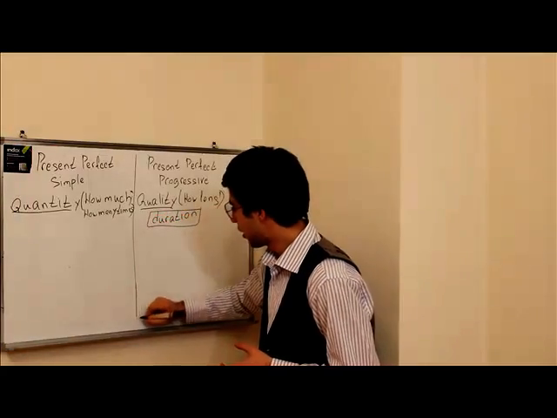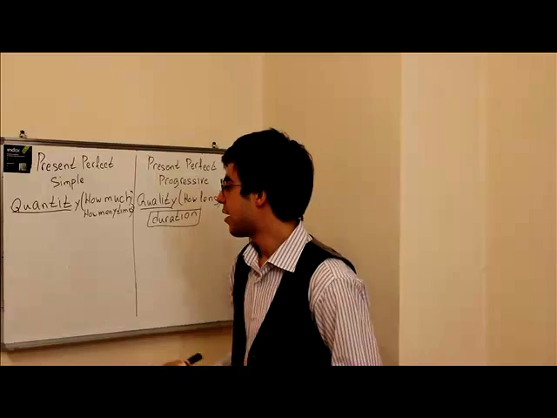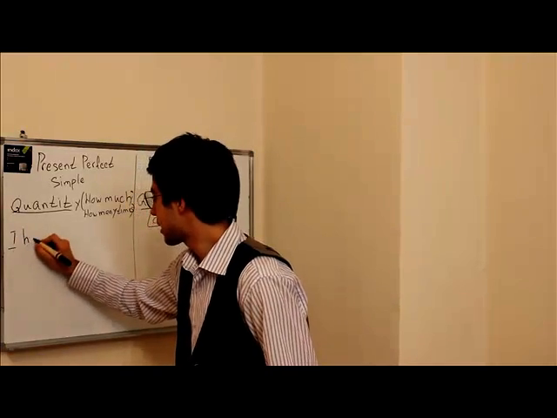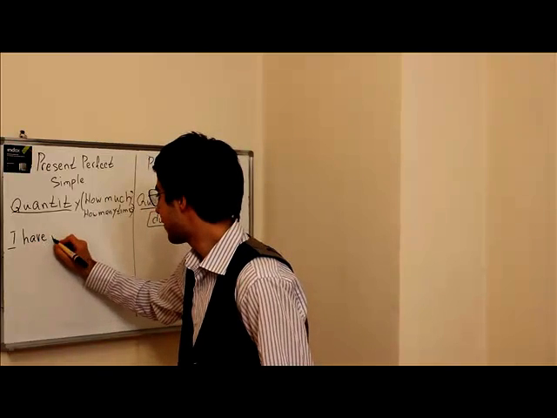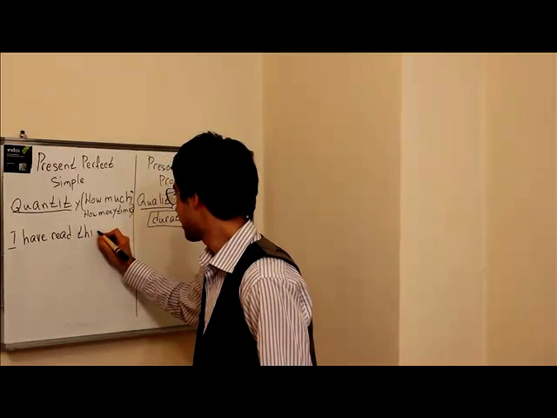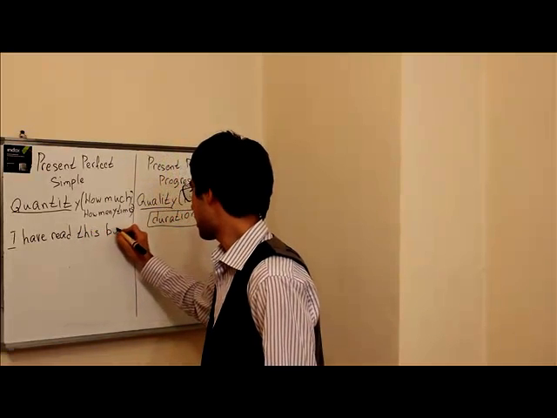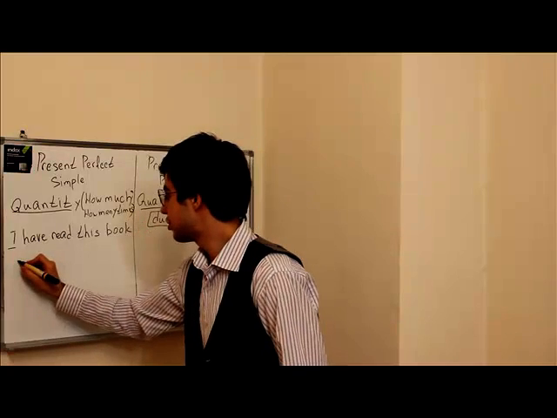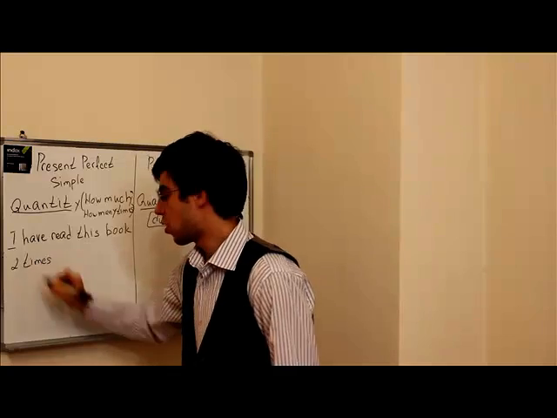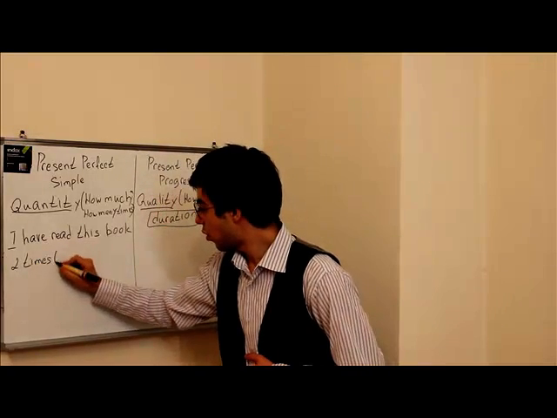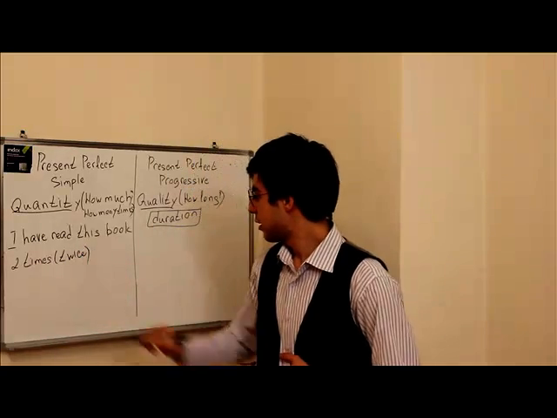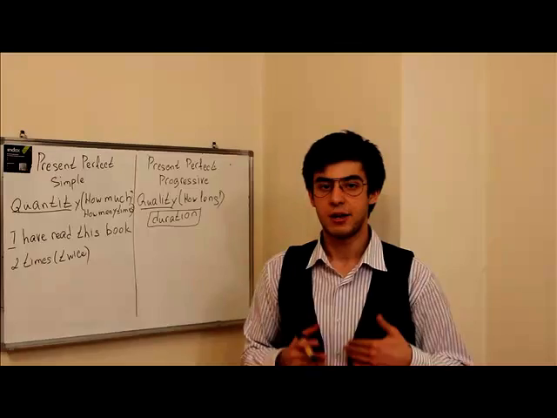So I'll give you examples. For example, I have read this book. You see, I have read this book 2 times, or twice. It means I read it once and I read it twice.